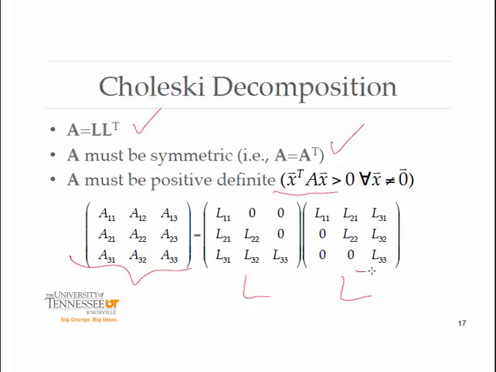Notice that the indexing matches: the first column of L is the same as the first row of L transpose, the second column of L is the same as the second row of L transpose, and so forth. For a symmetric matrix, this is possible, because if this truly is symmetric, the A21 element is the same as the A12 element. A13 is the same as A31, and so on.